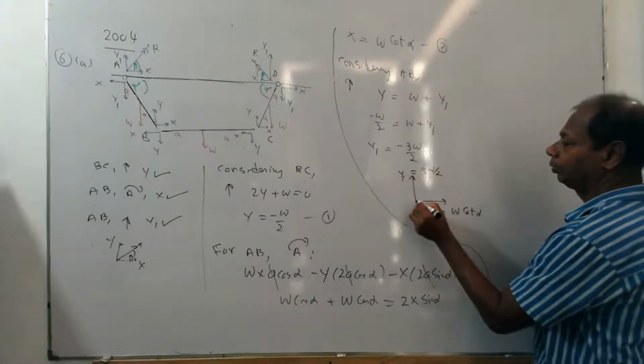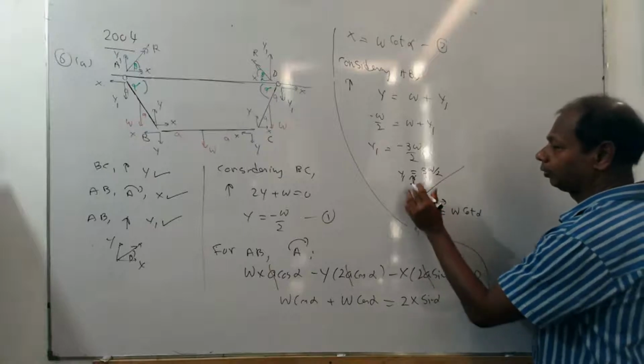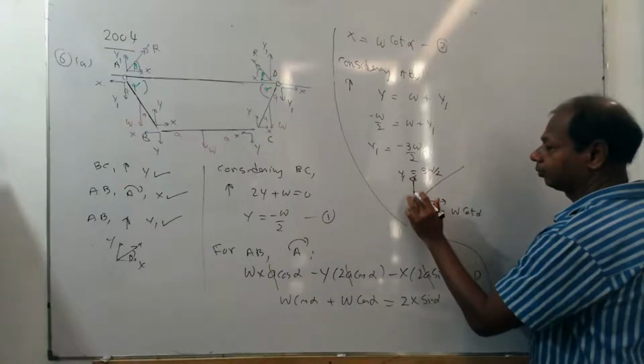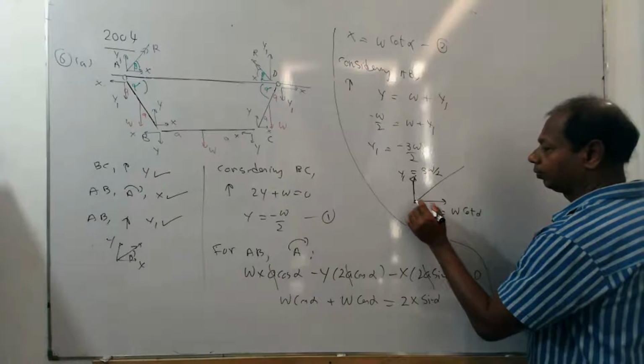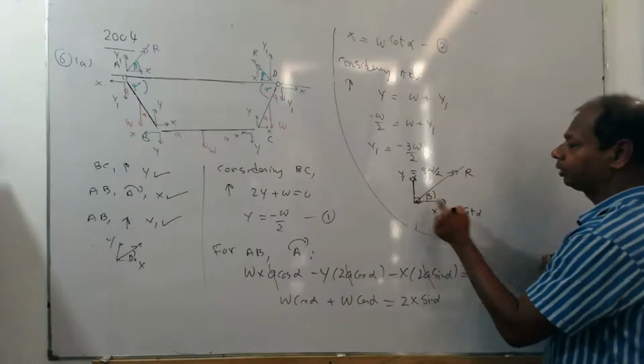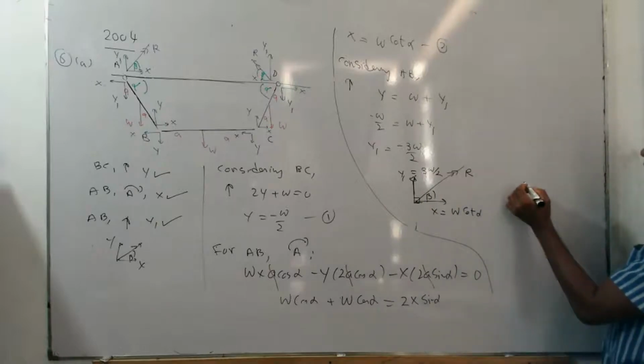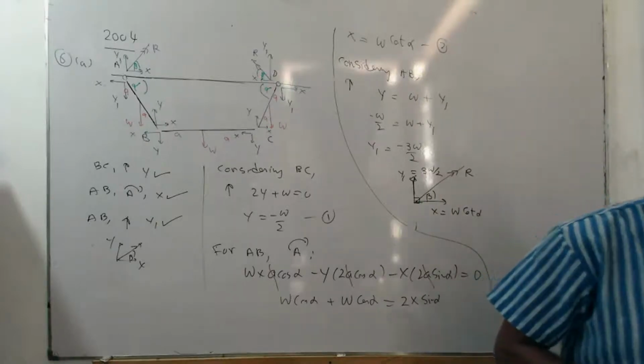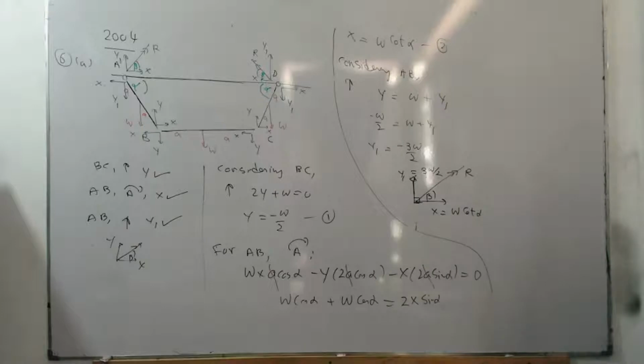3w over 2. Now the resultant. Given that this is beta, tan beta is equal to, with the horizontal, the horizontal.